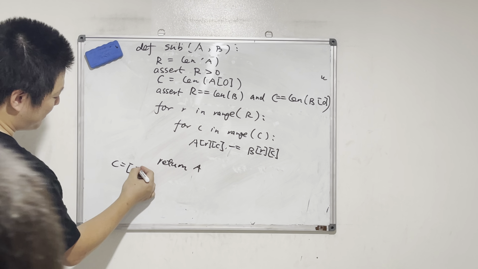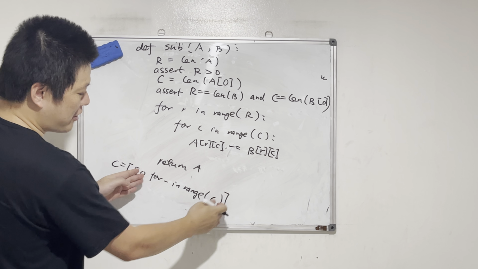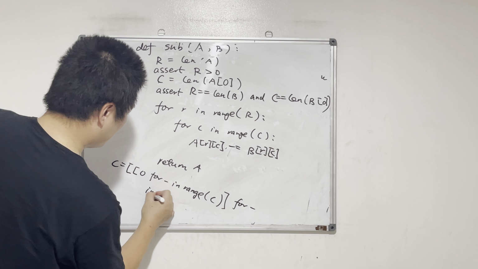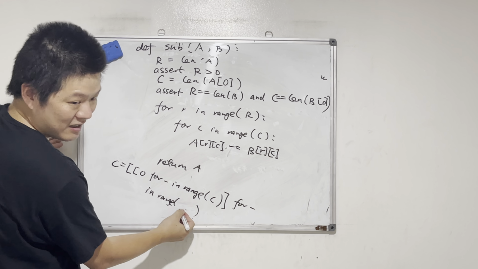For underscore in range, how many columns? First of all, how many columns does this return matrix have? Columns C. Each row has C columns, and then for underscore in range, how many rows?